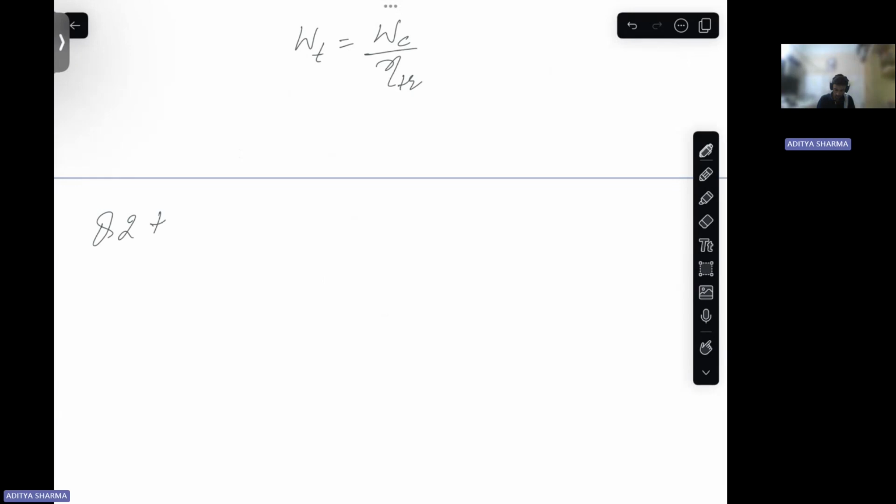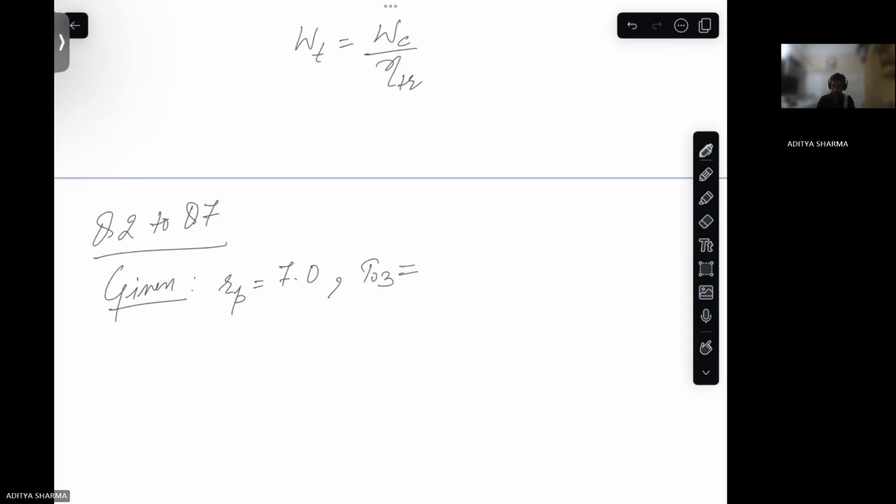Question number 7. Compressor pressure ratio is 7. Maximum temperature is T03. So I'll just draw the diagram again here.